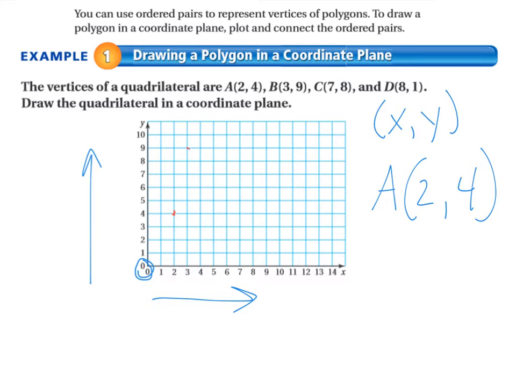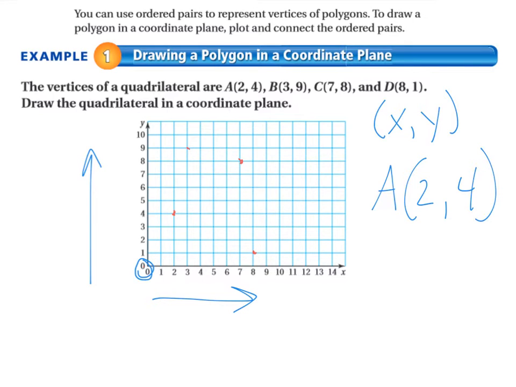Okay. For C, 7, 8. I'm going to go across 7 and up 8 right there. And D is 8, 1. I'm going to go across 8 and up 1.